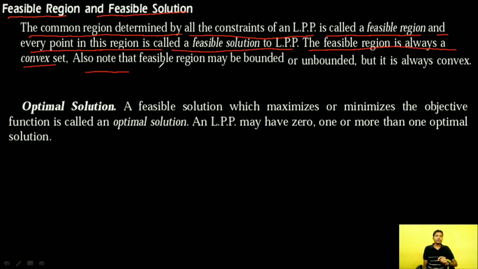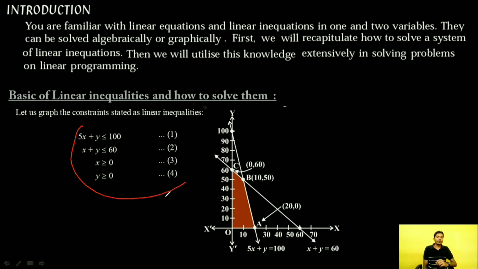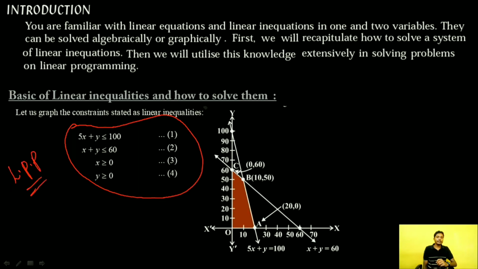Also note that the feasible region may be bounded or may not be bounded, that means unbounded, but it is always a convex set. For example, if this system of linear inequalities represents an LPP, then this common zone will be our feasible region, and every point in this region will be a feasible solution.